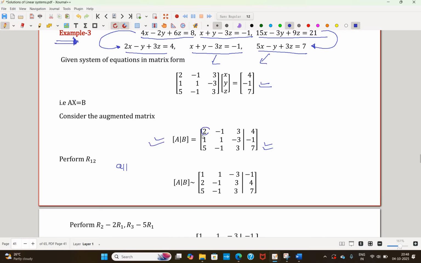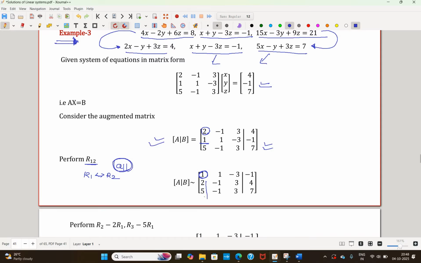A11 position is this one, 2, but the below elements are not multiple of 2. So what we prefer is to get 1 here, and we already have 1 over here. So the easiest operation is to perform R12, means R1 is interchanged with R2. So A11 position will have 1. So doing that operation, row 2 and row 1 को हमने interchange कर दिया. So A11 position is now having 1.